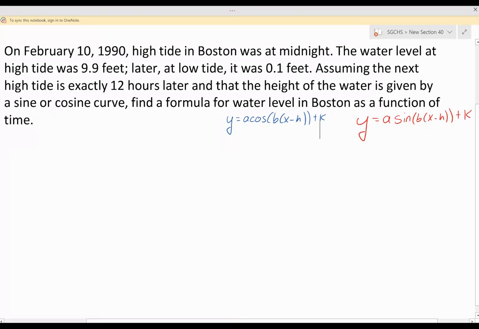So in this question, we need to form a graph and represent that graph as either a cos or a sine graph. I will be doing both.